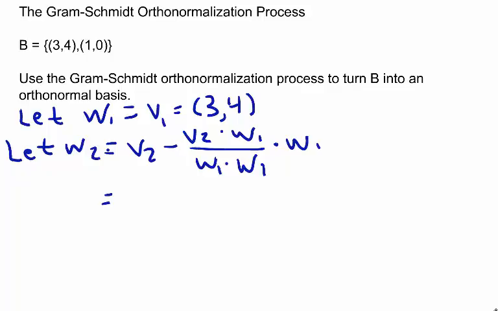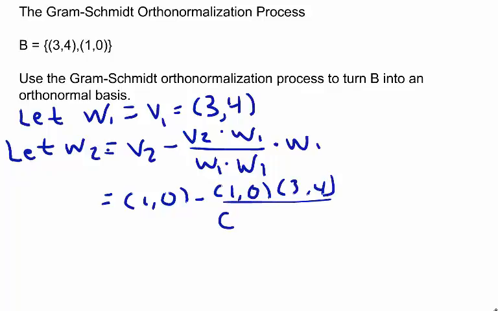Substituting our values, we get 1, 0, minus the dot product of 1, 0 and 3, 4, divided by the dot product of 3, 4 and itself, times 3, 4.